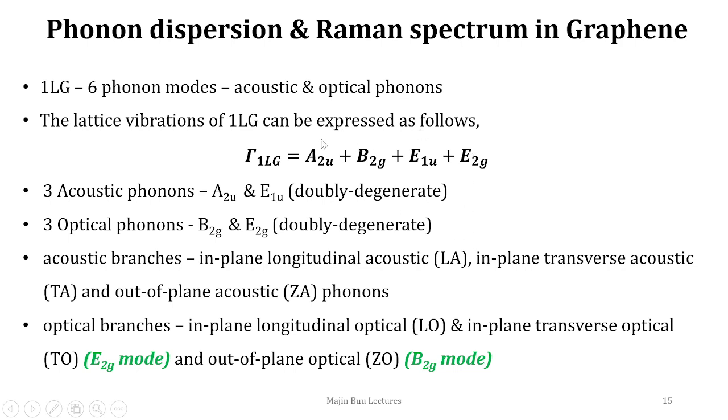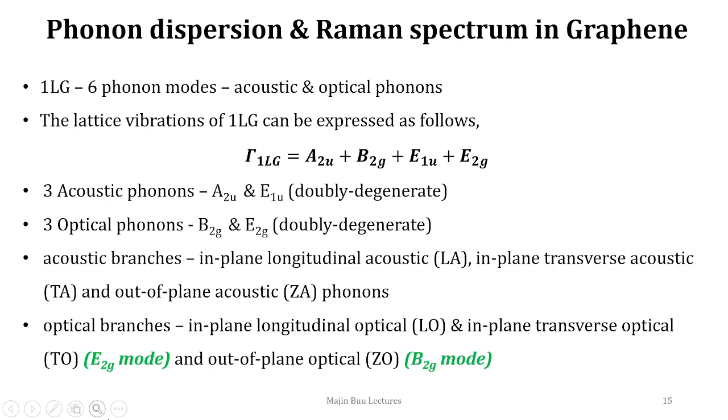And the lattice vibrations of the one layer graphene can be expressed in terms of the following equation, which again consists of acoustic phonons, the A2U and the E1U mode, and the optical phonons with the B2G and the E2G mode. The acoustic and the optical branches are further categorized into longitudinal, in-plane transverse, and out-of-plane modes. Similarly for the optical phonons.